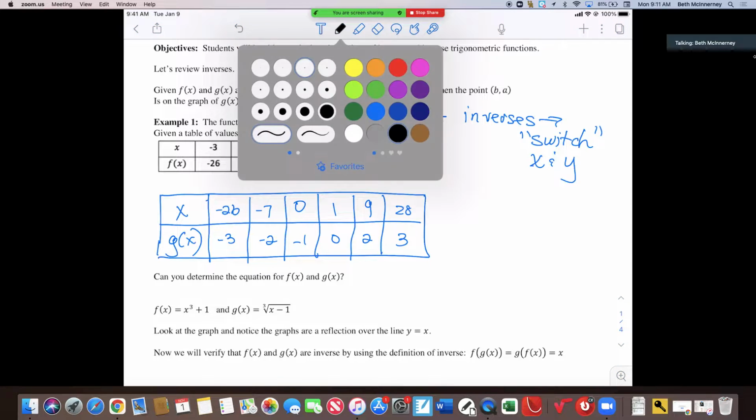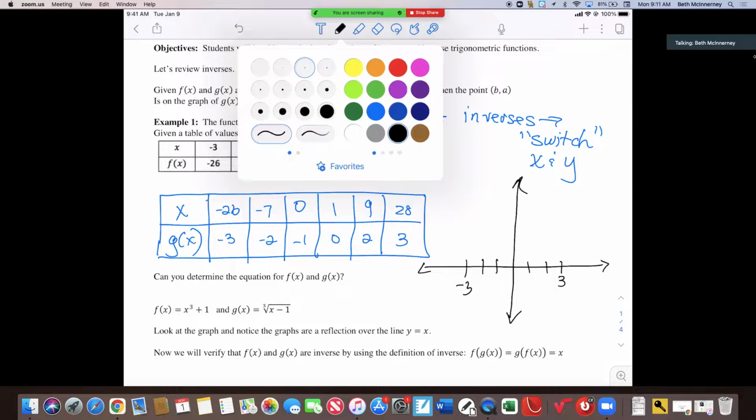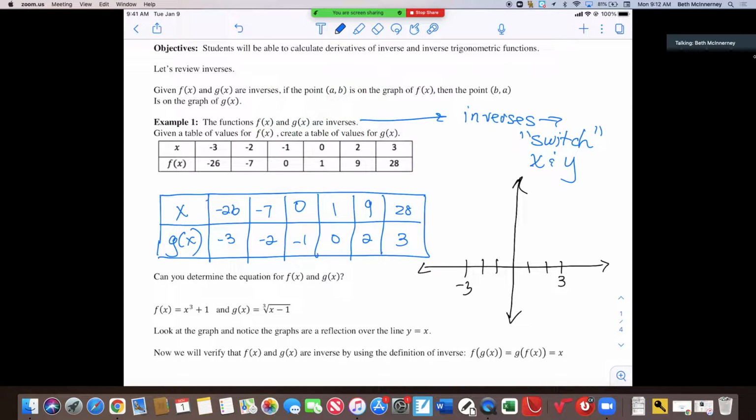So let's off to the side make a little sketch. And I'm not doing this for perfection at all, but let me graph. So if I have negative 3, negative 26, let's say it's way down here.